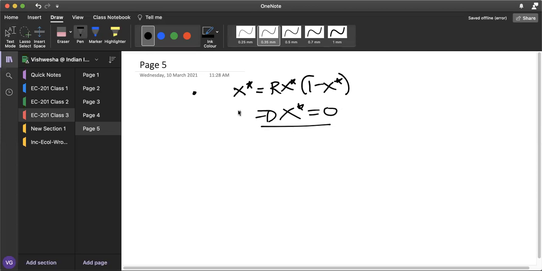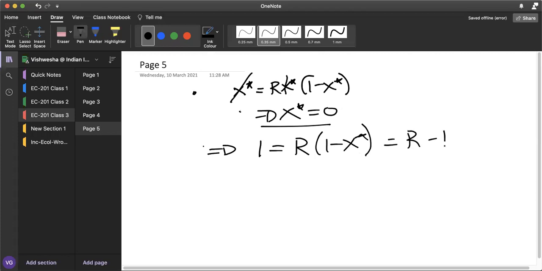So what we can do is cancel the terms, assuming that they're not 0 anymore. And then I will be left with 1 is equal to R times (1 minus x star). Is that okay? And then that is the same as R minus R x star.